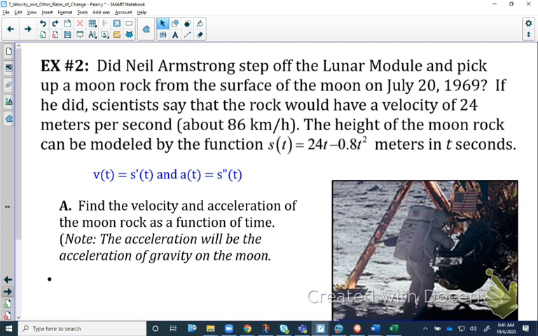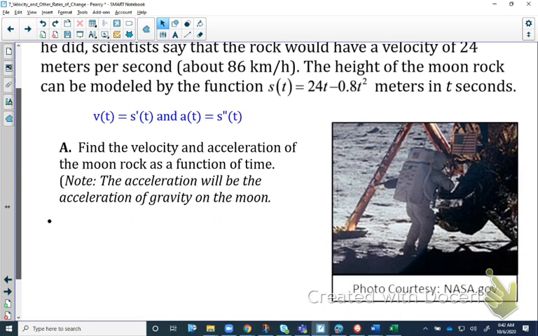So the negative 0.8t squared is the acceleration due to gravity on the moon in meters per second squared. That's why it's a little bit different than some of the position functions that you've seen previously, where it said negative 16t squared or negative 9.8t squared in meters per second for the acceleration due to gravity.